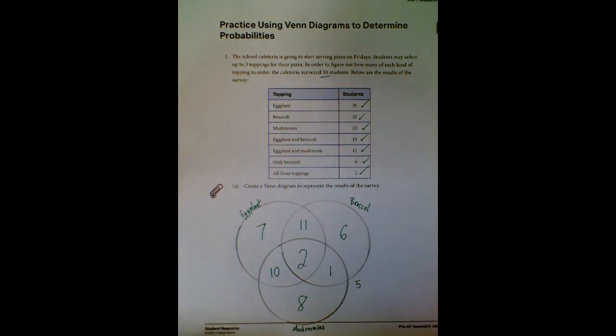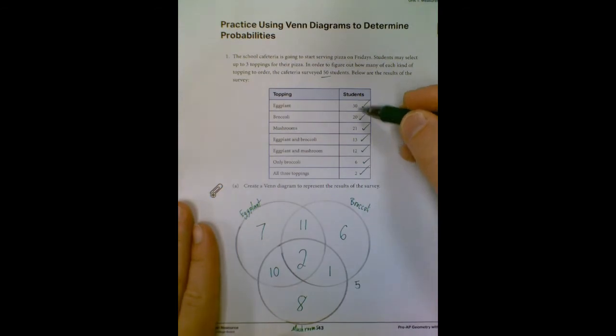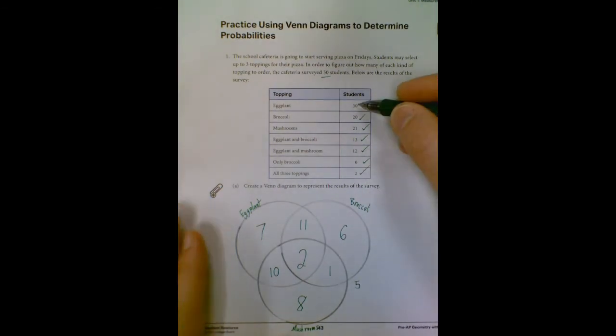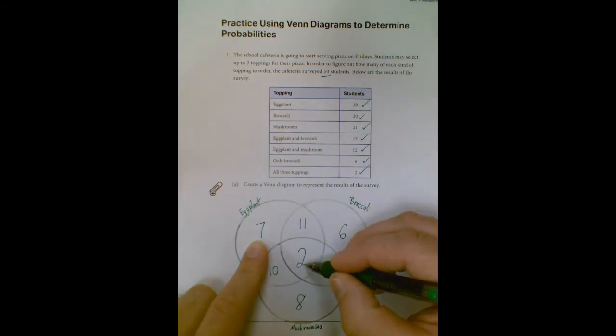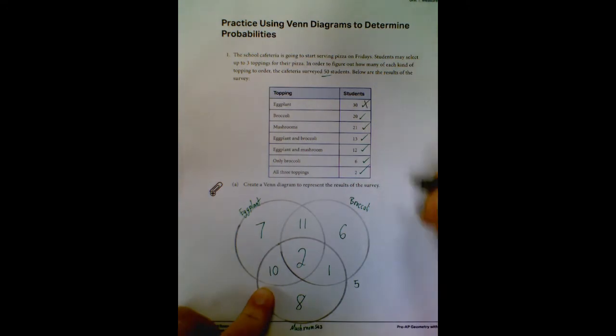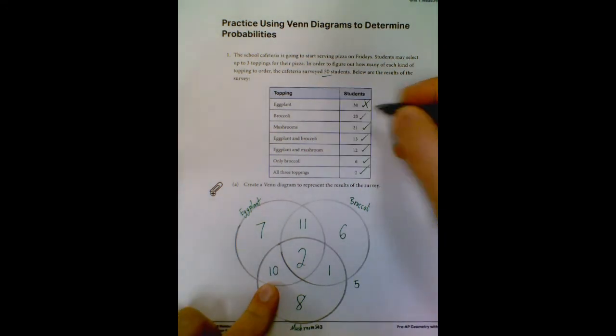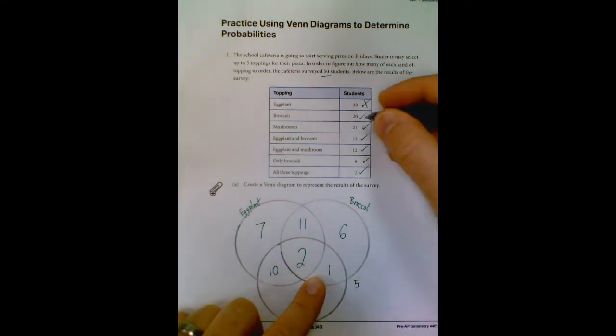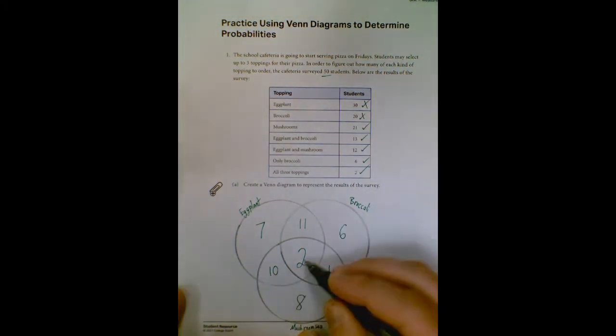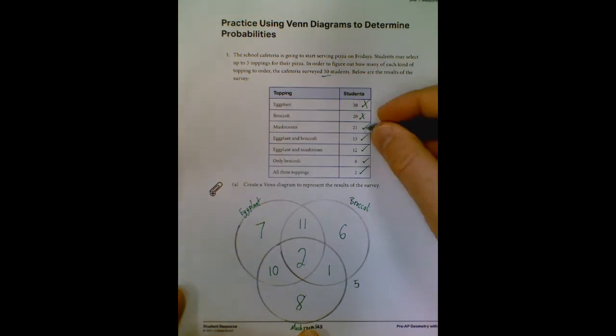To double check to make sure I'm right, I'm just going to go back and double check all of my totals to make sure each one of them is true. So eggplant, I have 7 plus 11, which is 18, plus 2 is 20, plus 10 is 30, so that works. Broccoli, 6, 11 is 17, 18, 19, 20, good. Mushroom, 10, 12, 13, and then 21.